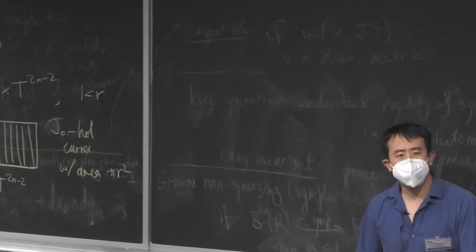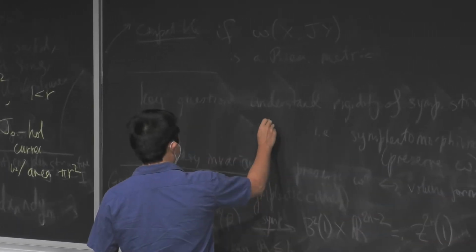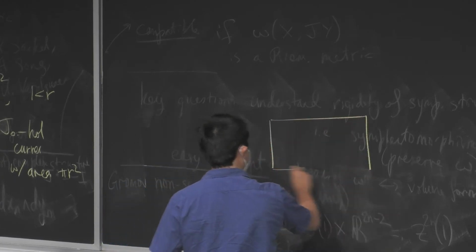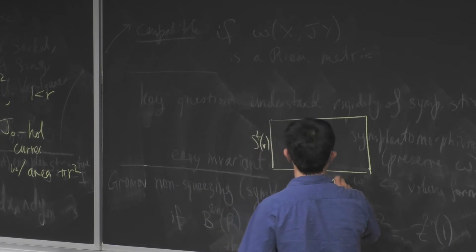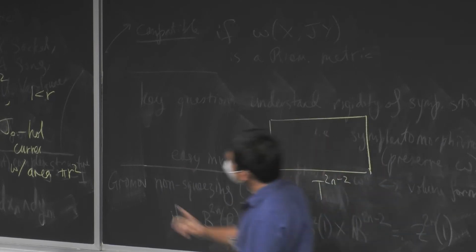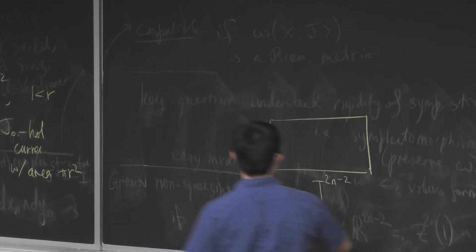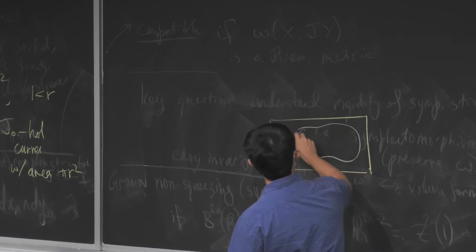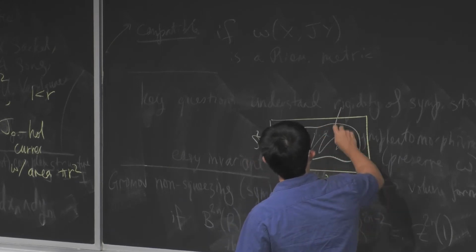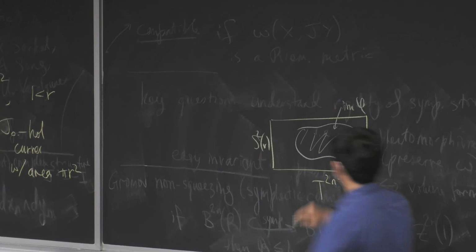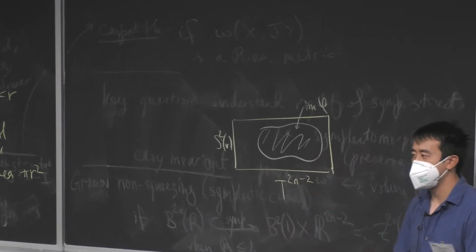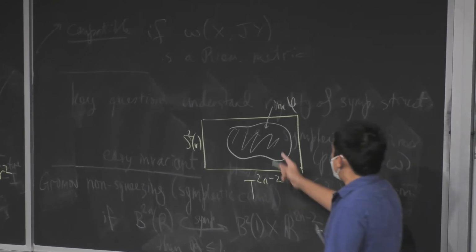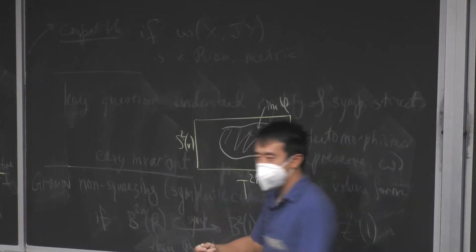Okay, on the other hand, if I was able to fit the ball into the cylinder somehow, so just for simplicity, properly contained, then I actually get a push forward, right?